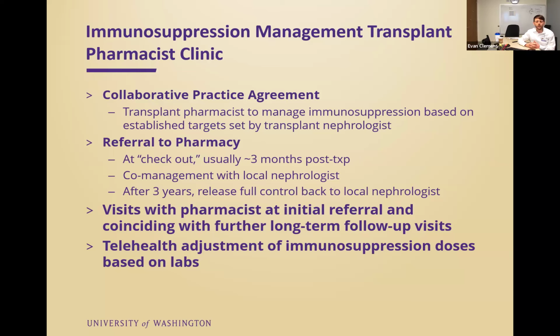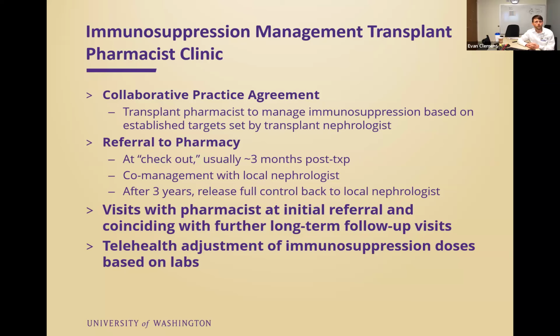We set some expectations up with the transplant nephrologist, where the transplant nephrologist would still establish the target goals for the CNI levels, and also an understanding about co-management, where we were responsible for immunosuppression, but other lab results would still be done by the local nephrologist. And when they came physically back to clinic, as they would for longer term follow-up with our transplant nephrologist, the transplant nephrologist would still be responsible for results on the day that they physically saw them.